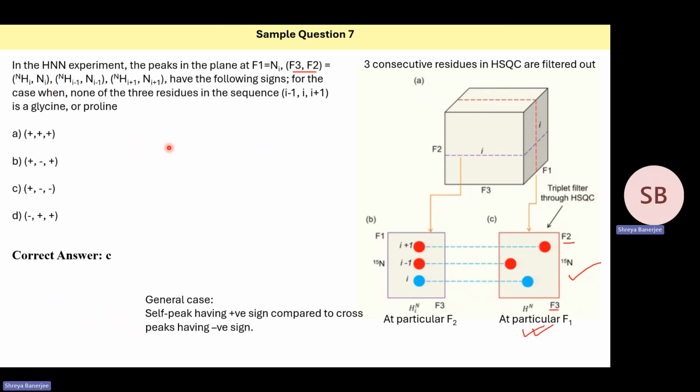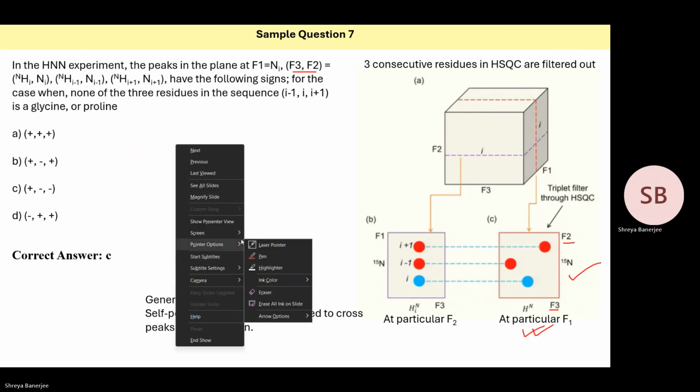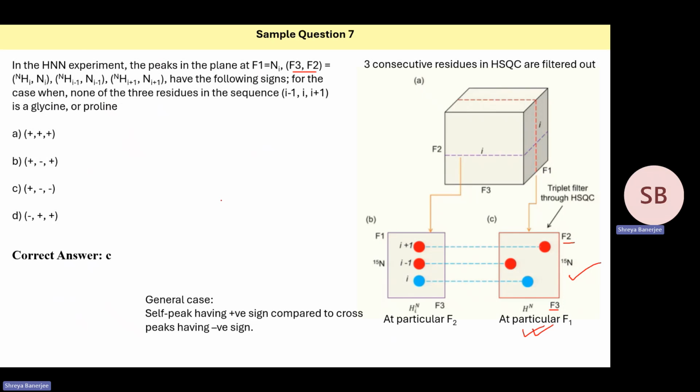And so we know that from i, you can get i minus 1 and i plus 1. This is what we saw in the previous slide. So this is your self peak, and the other 2 are your cross peaks.